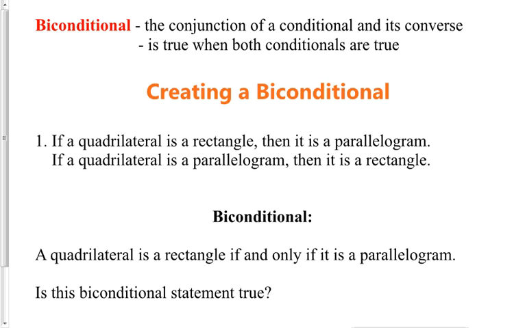It has two pairs of parallel sides. The second conditional says if a quadrilateral is a parallelogram, then it is a rectangle. Well, that's not true. There are lots of different parallelograms that are not rectangles. Therefore, the second conditional statement is false, which makes the entire biconditional statement false.